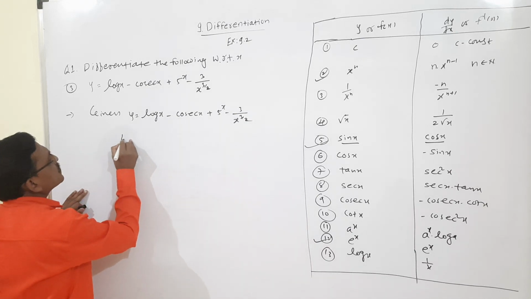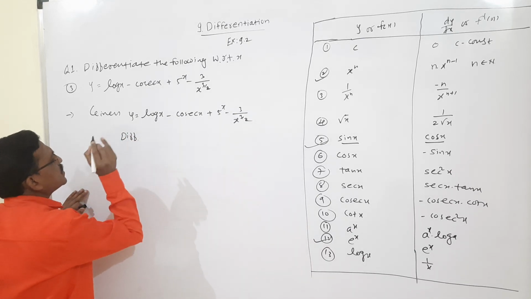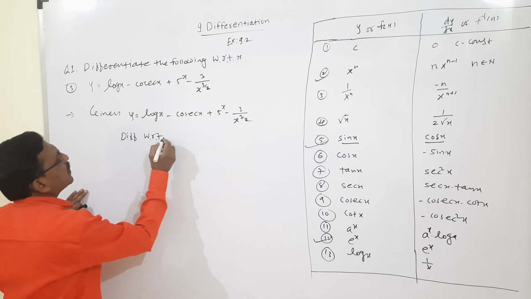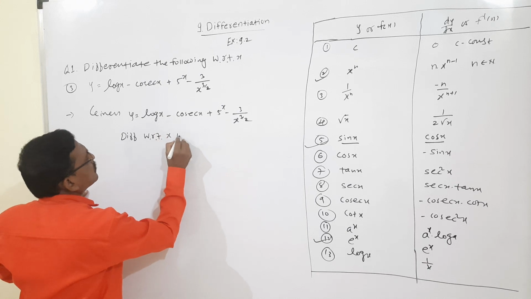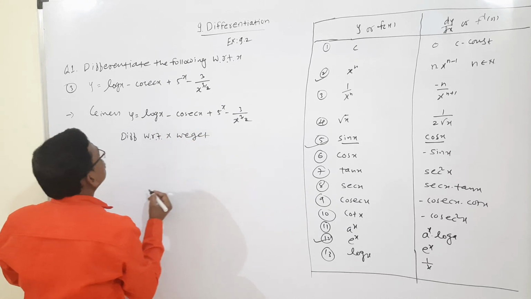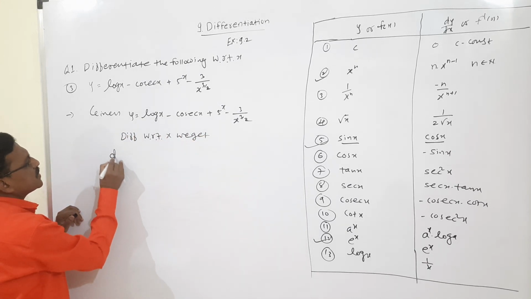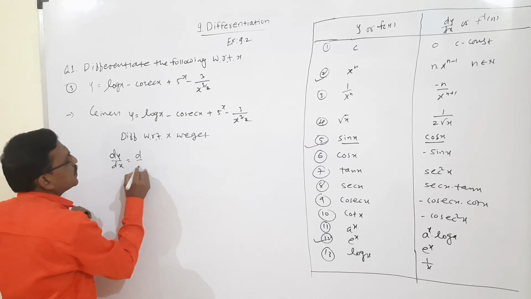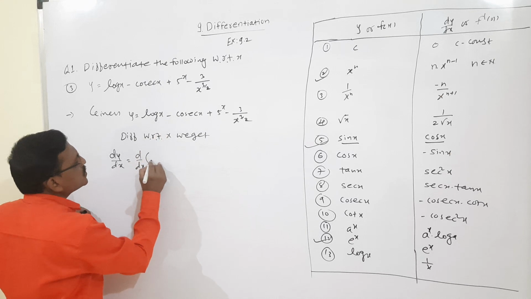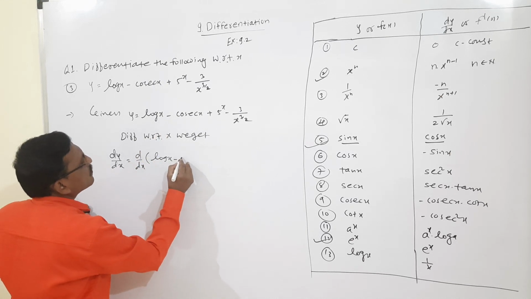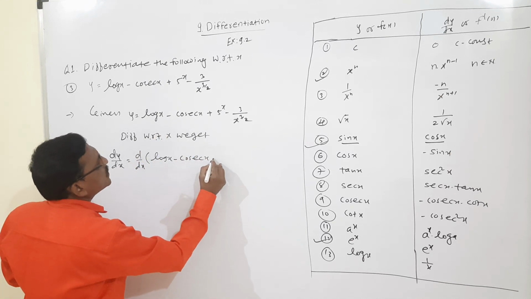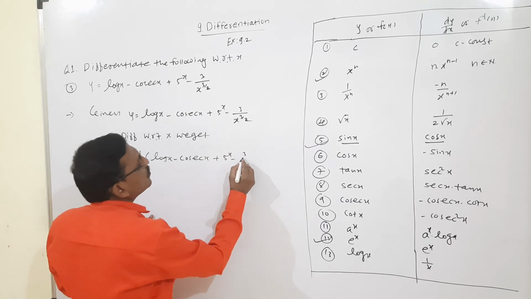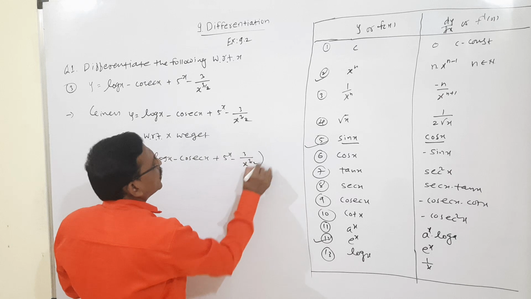Differentiate with respect to x, we get the derivative of y with respect to x, dy by dx, is equal to the derivative of all these functions: log x minus cosec x plus 5 raised to x minus 3 upon x to the power 3 by 2.